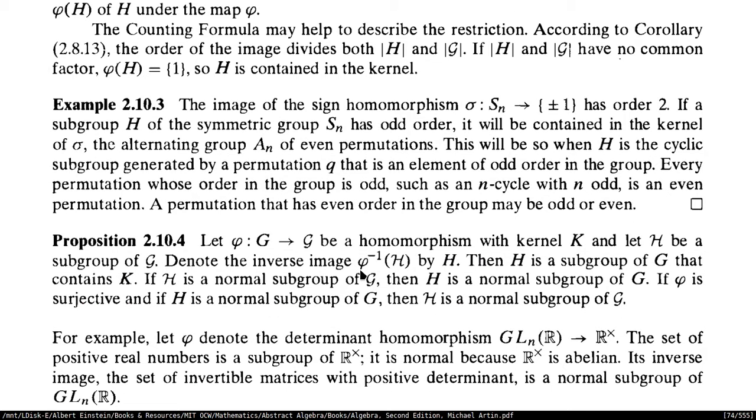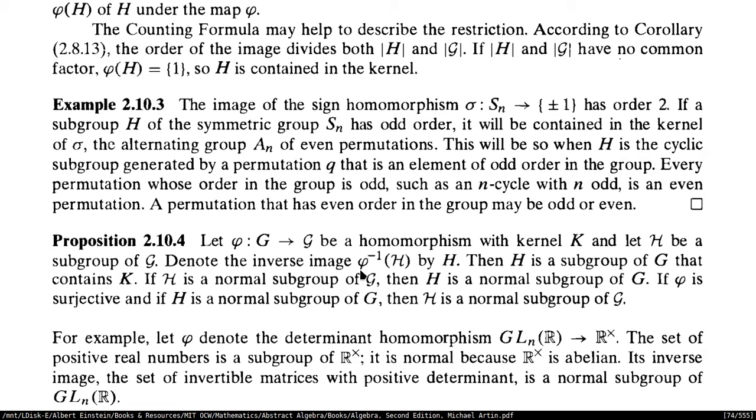So we have some examples. This example is that the image of the sign homomorphism sigma, taken from the nth symmetric group to plus or minus 1, has order 2. The image of this homomorphism is just plus or minus 1, thus has order 2.